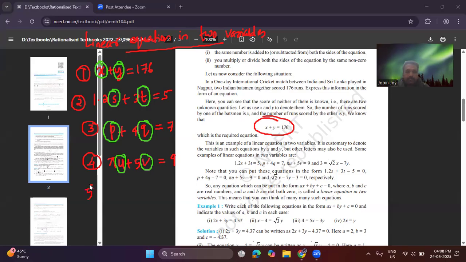Fifth example, 3 equals root 2x minus 7y. Again, this is a linear equation in two variables, and the variables are x and y.